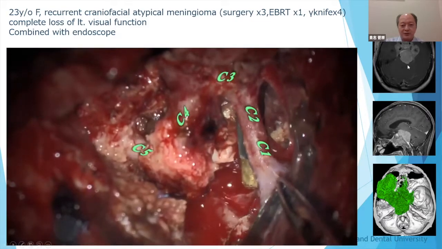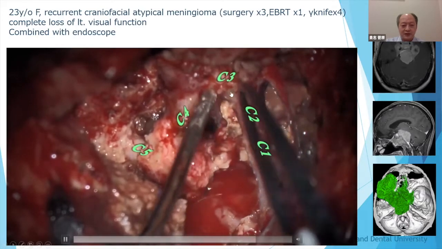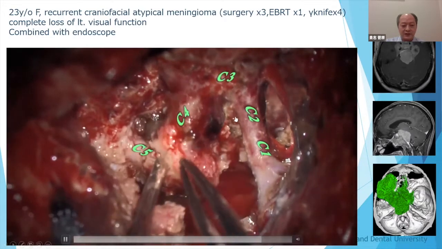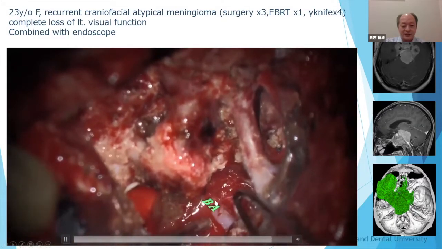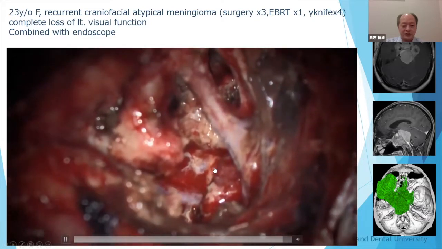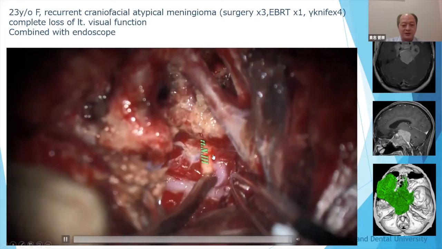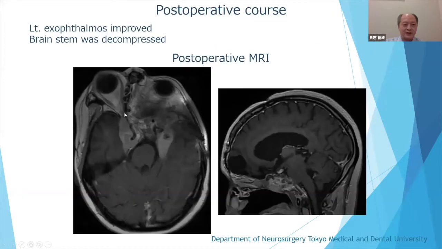The preponderant system was also removed, and C1 to C5 was left here. And the basilar artery, you can see here, and the contralateral oculomotor nerve. And her brainstem was decompressed like this.